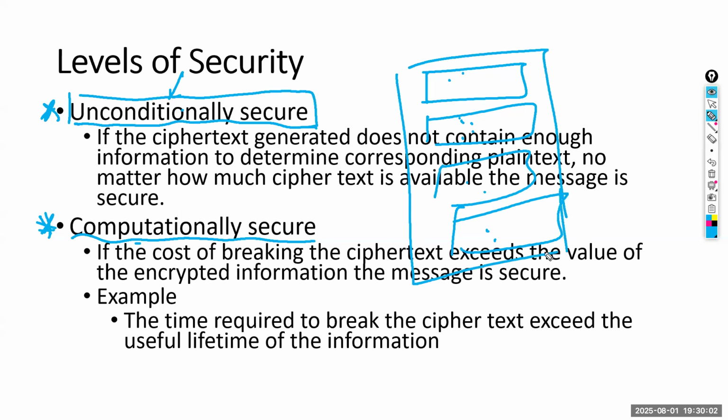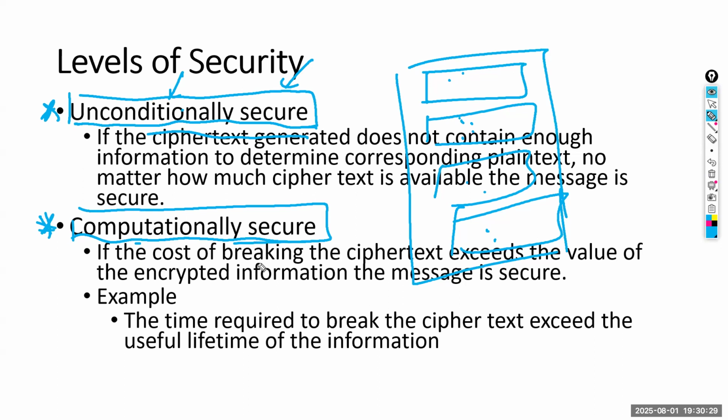Which is good, but usually this makes a lot of complications, requires a lot of processing and so on, then delays. In a practical sense, you don't need unconditional security. What we need is computationally secure.